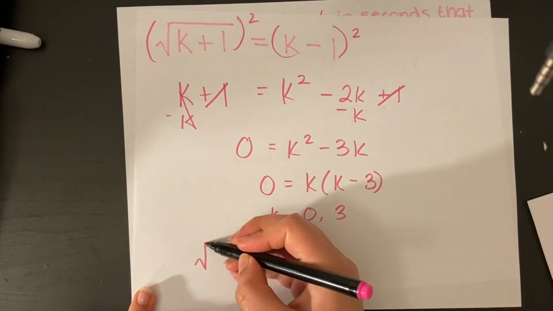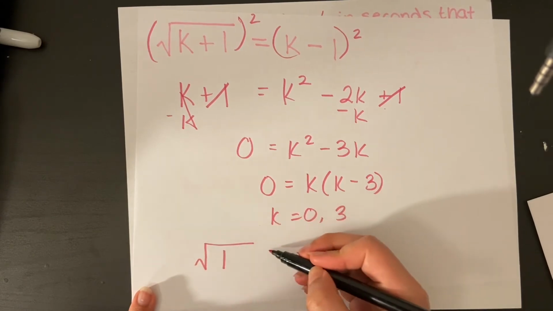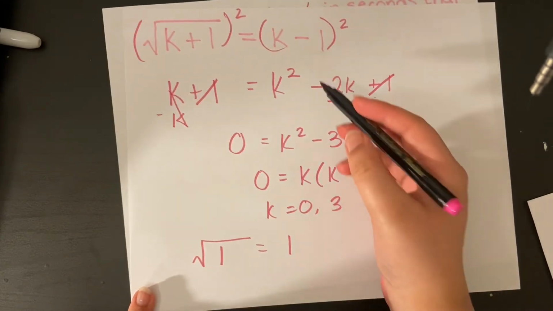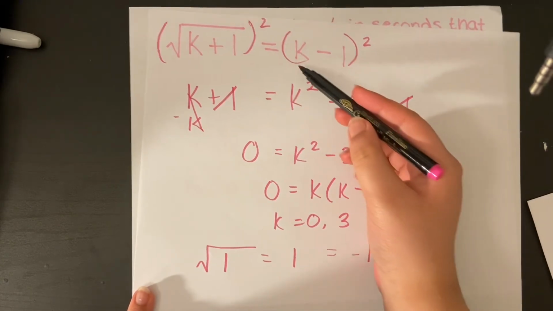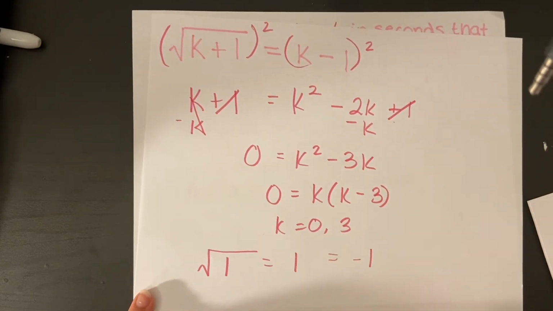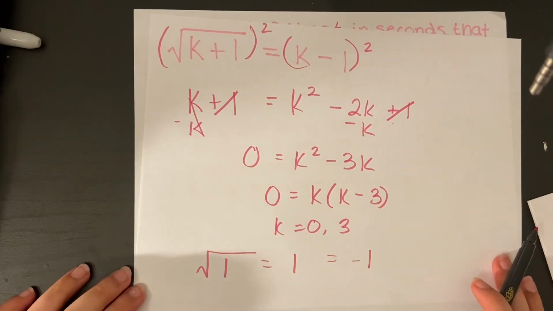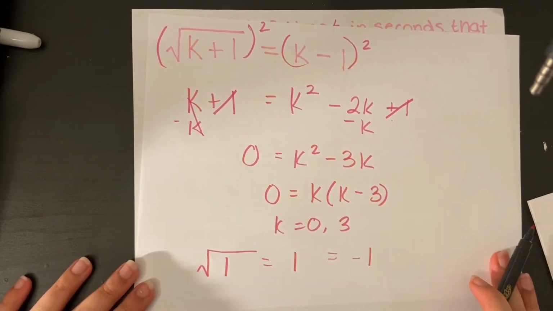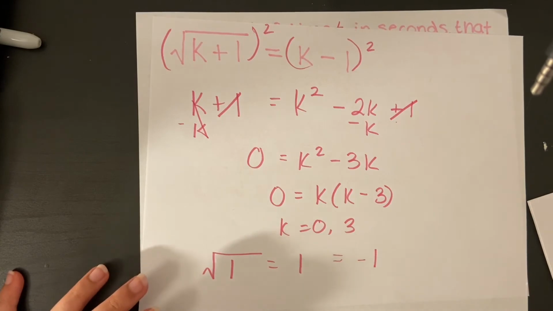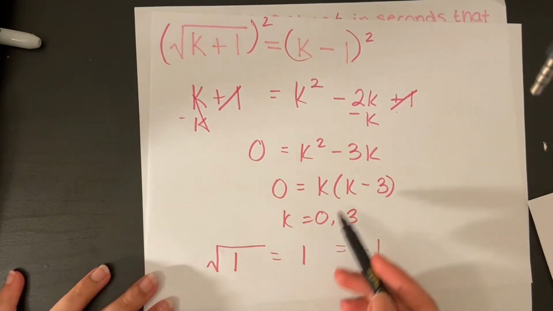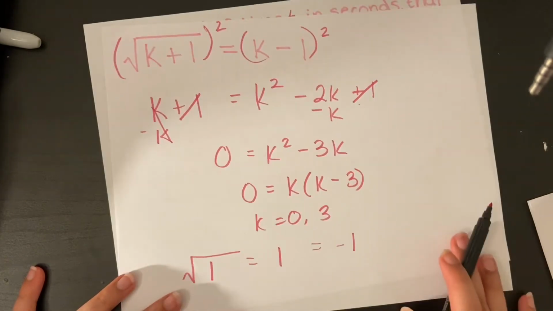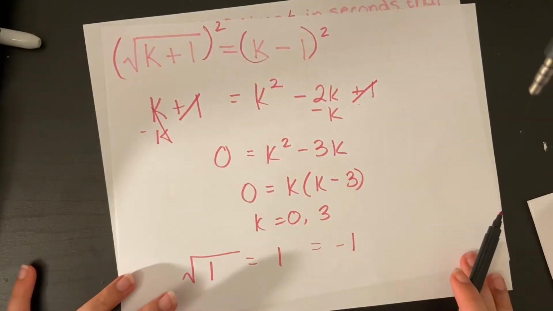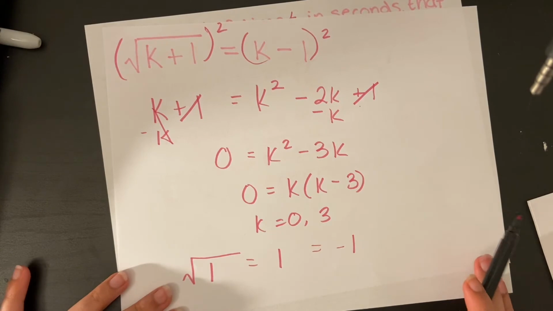The square root of 0 plus 1, which is 1, is equal to 0 minus 1. So 1 has to be equal to negative 1? Not so much. This is called an extraneous solution. Extraneous solutions are when we come up with a solution that is not a solution of the original equation. Therefore, we must check the other answer to make sure something actually does add up.